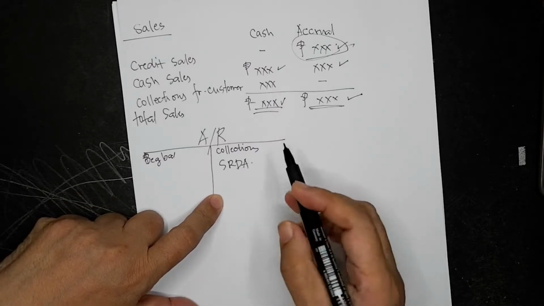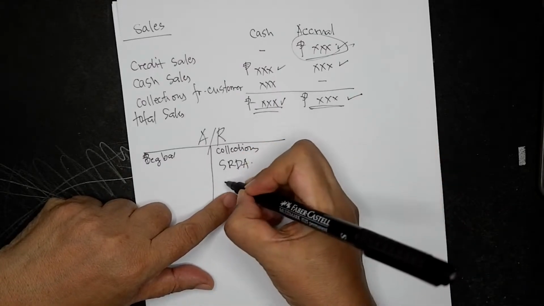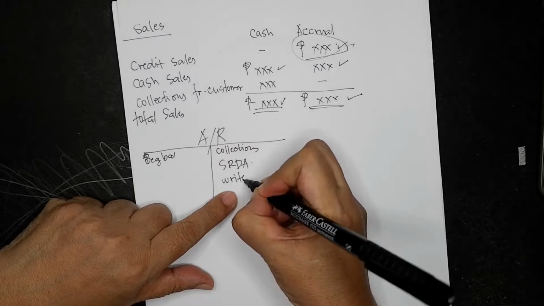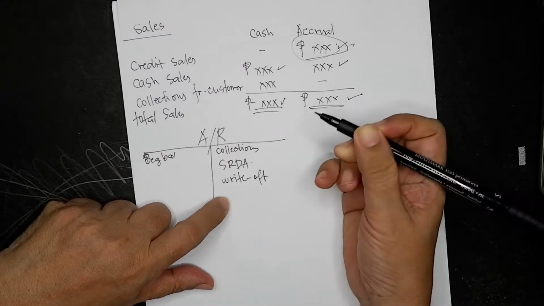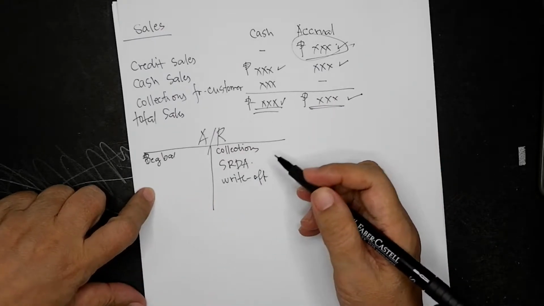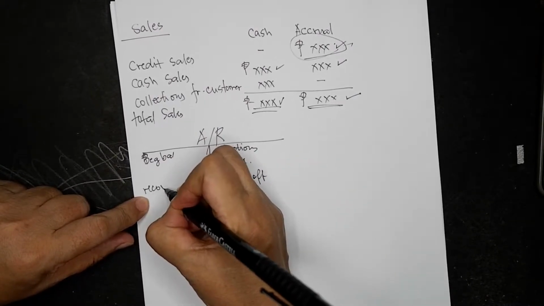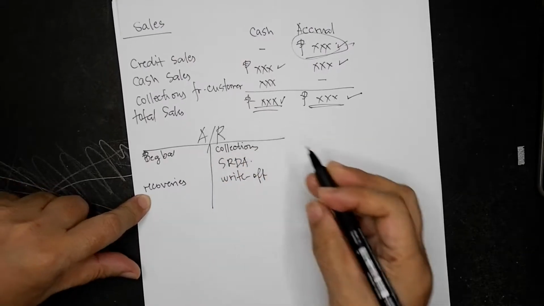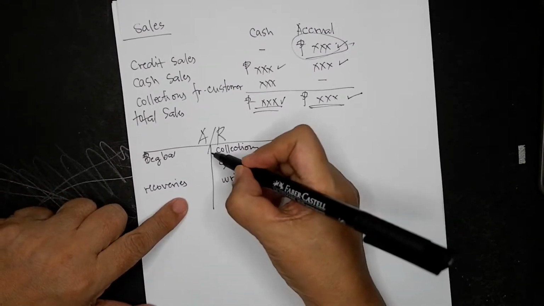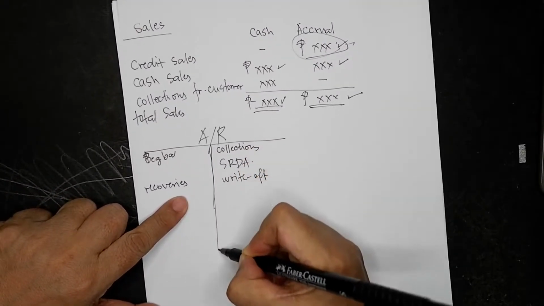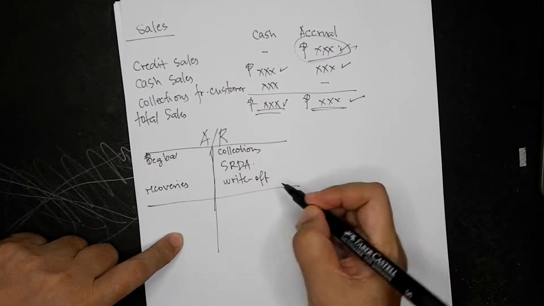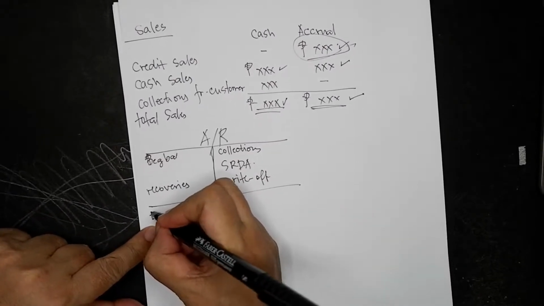May record tayo dyan. And then, sino yung mga hindi nagbayad, tumakbo, write off. And of course, meron din tayong mga recoveries. Okay, yung mga akala natin ay tinakbuhan tayo pero bumalik para bayaran tayo. At nandito yung ating ending balance.